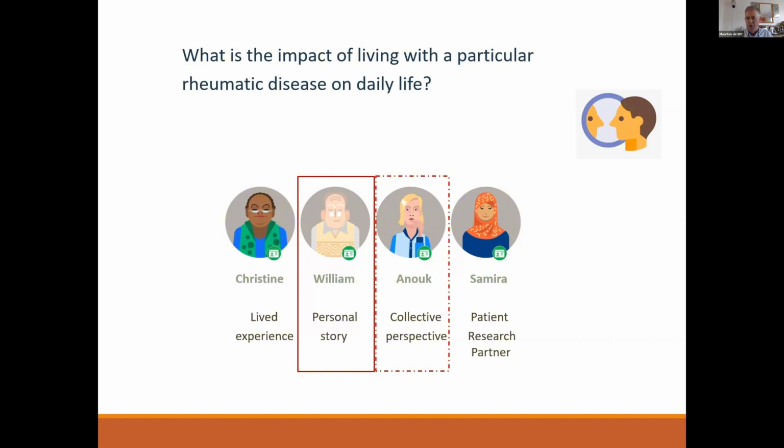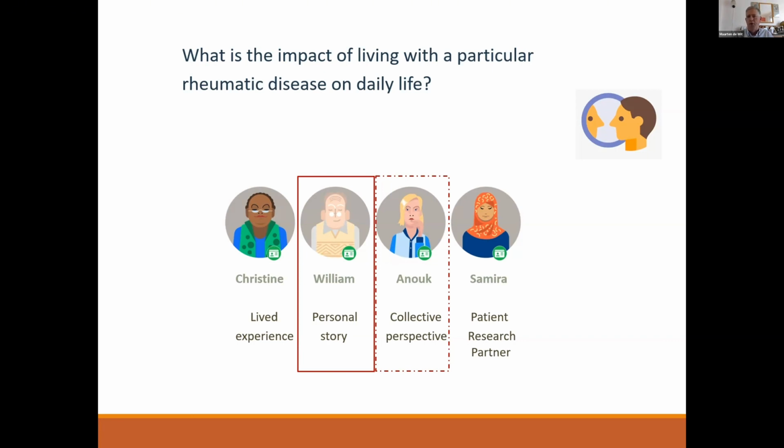Samira has had the disease all her life. She has adjusted to this. She has found her way. She probably knows how to self-manage. So I still believe that William is definitely able to talk about his experiences, because he doesn't know many others. It will really be his own experiences.